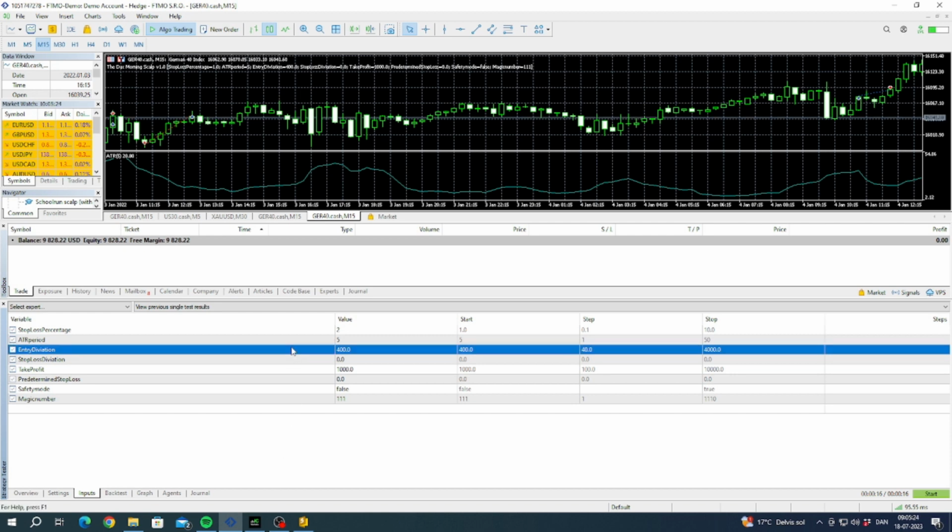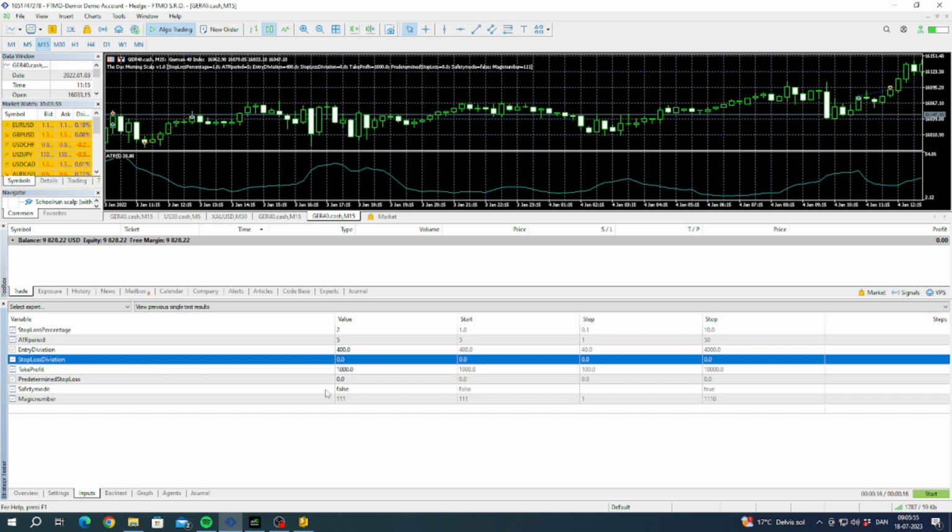Then you have the entry deviation, which is the distance from the breakout point to where the order is placed. So I would suggest using around 400 or 500 points or pips, which is the same as 4 or 5 Dax points.